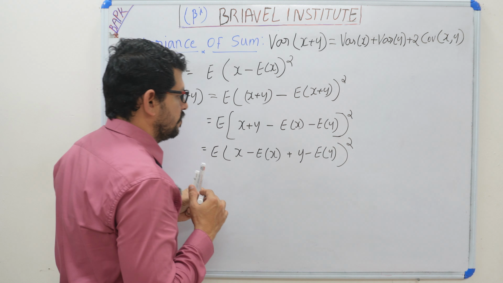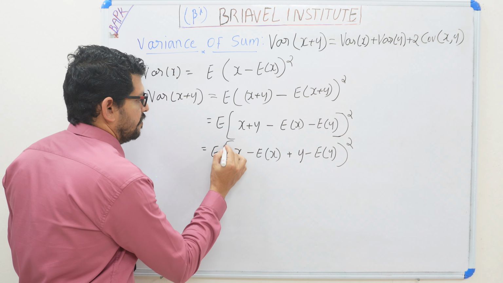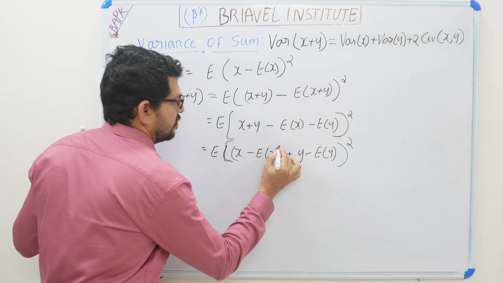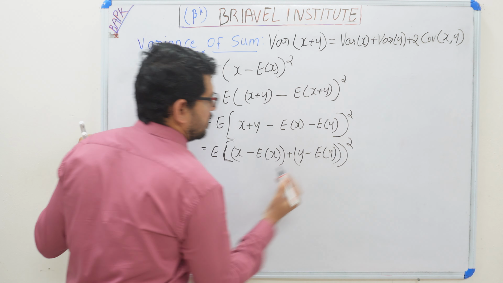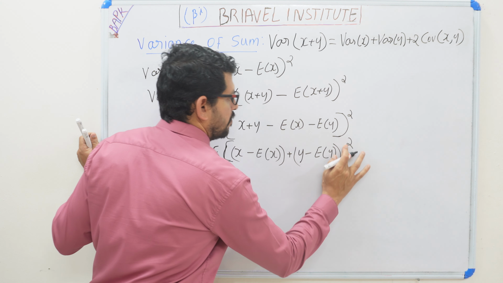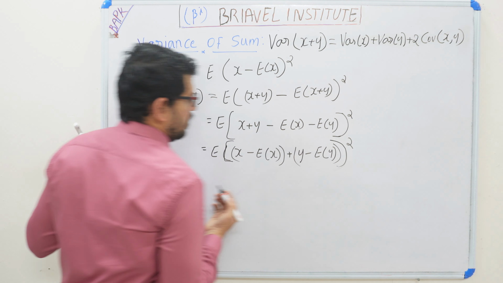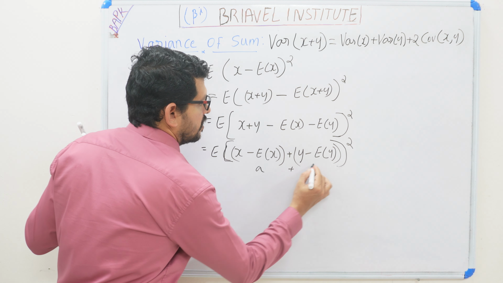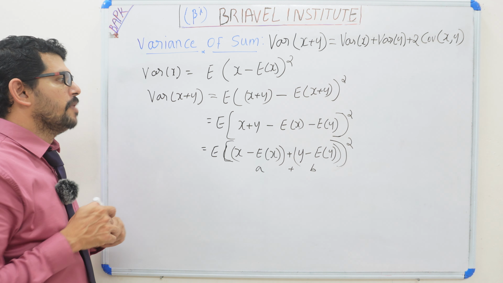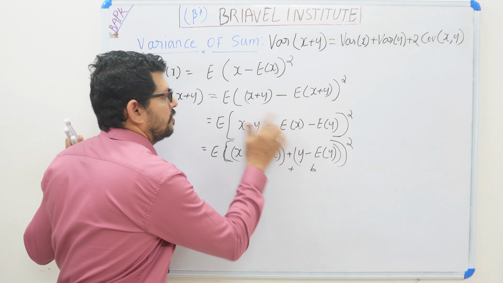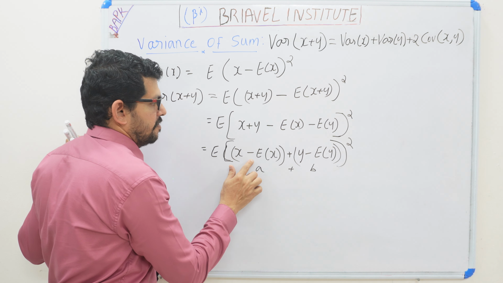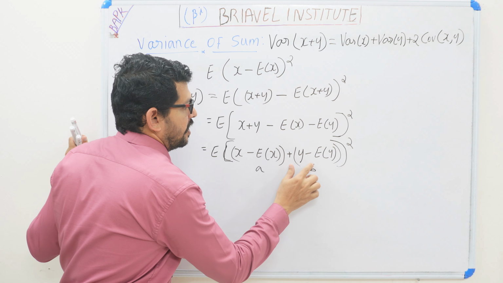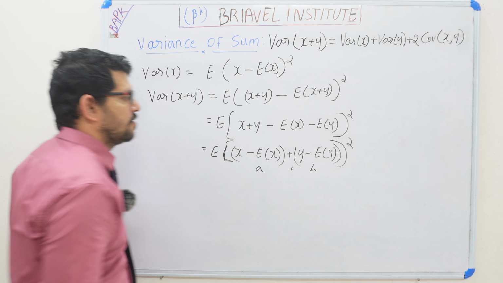We have written two terms like this, in a big bracket: this is a, this is b. So this is a plus b all squared.